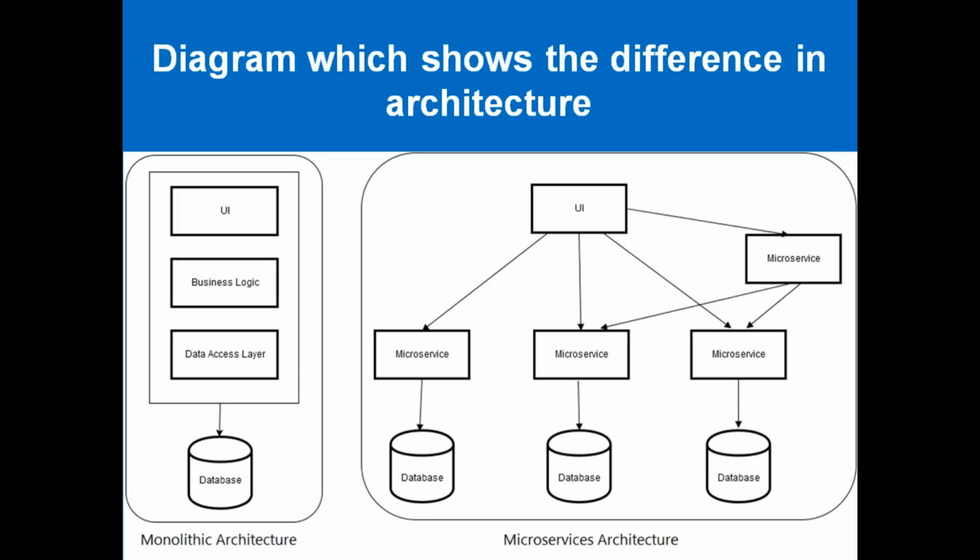Let's see a diagram which shows how they are different as per architecture. The left-hand diagram is for monolithic architecture. It gives you a UI layer, business layer, and data communication layer which connects with the database. These all layers are hosted at one place. If there is any problem in one area, the whole system will break.